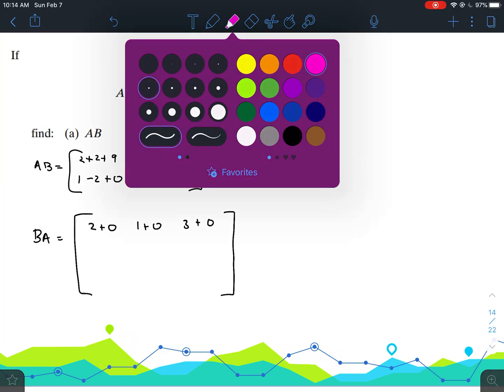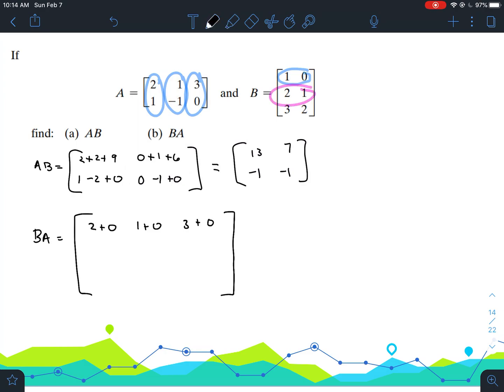And then do your second row of matrix B. So 2 times 2 is 4, 1 times 1 is 1, 2 times 1 is 2, 1 times negative 1 is negative 1, 2 times 3 is 6, 1 times 0 is 0.